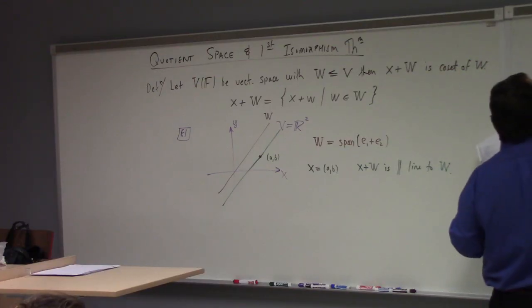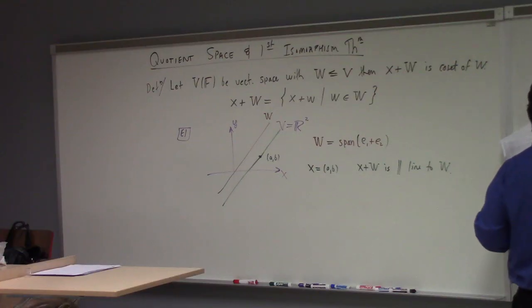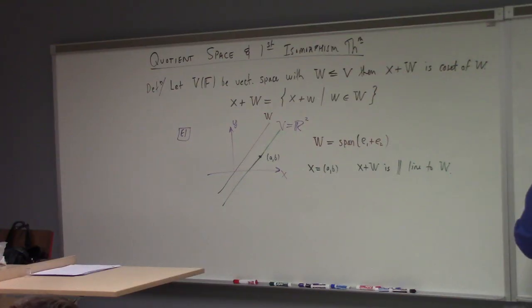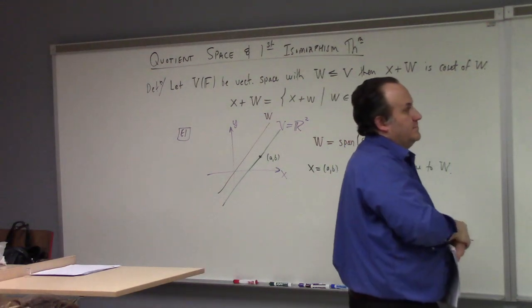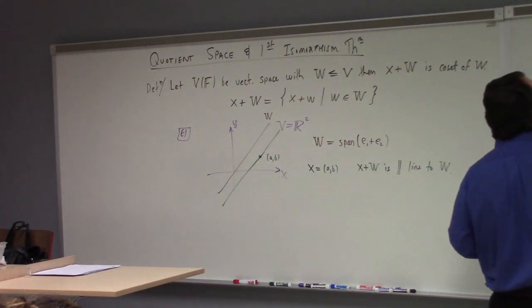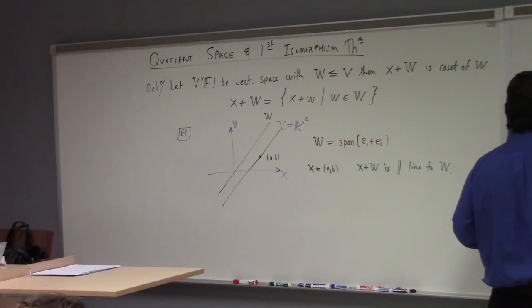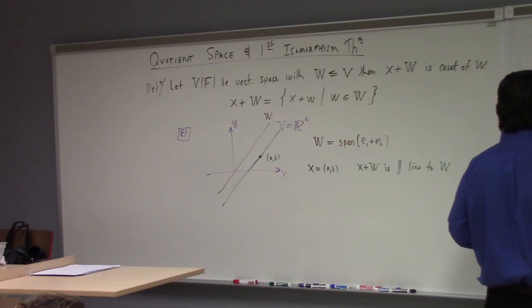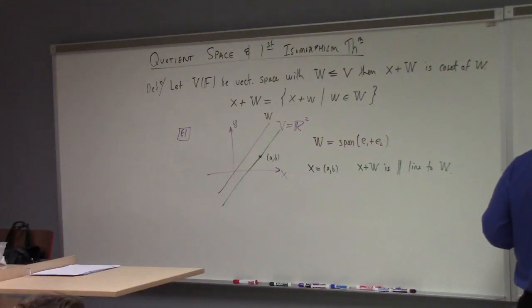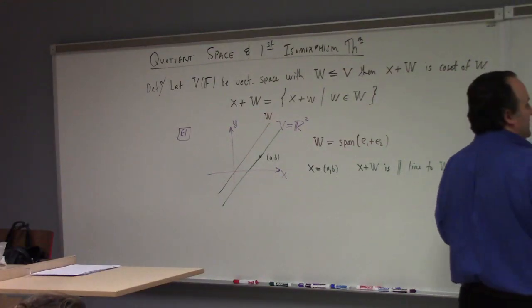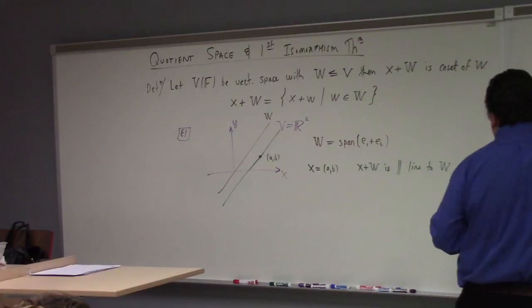Then the null space of A is a subspace of R^n. I could picture that much like I just pictured the other one. This is null A. I'm not very good at drawing, but I could attempt the picture in 3 dimensions if you'd like.